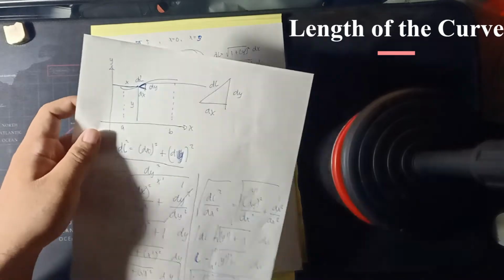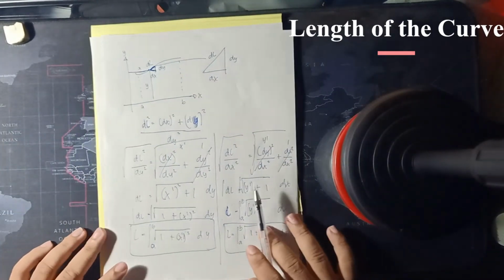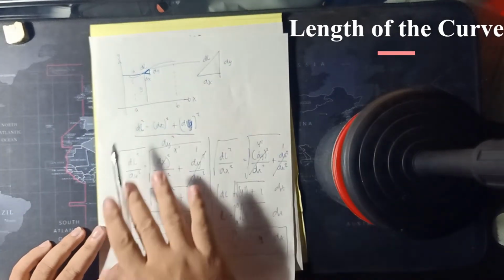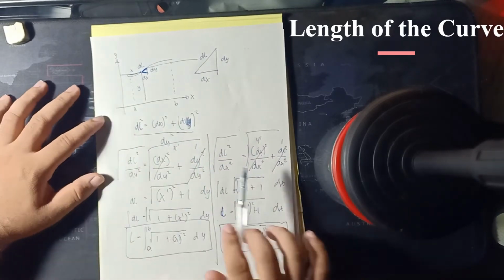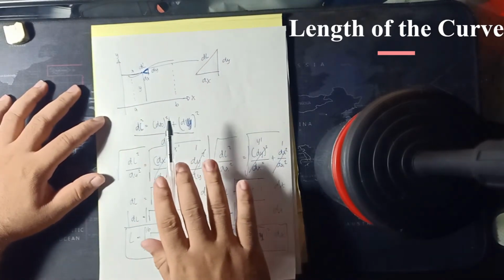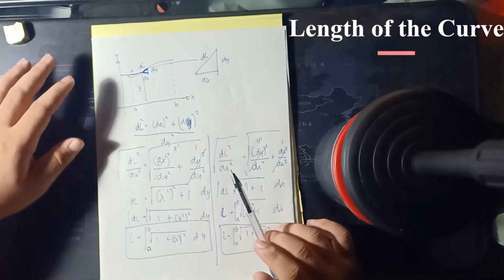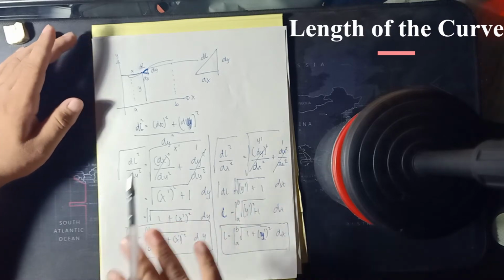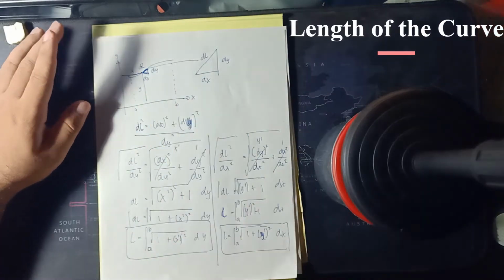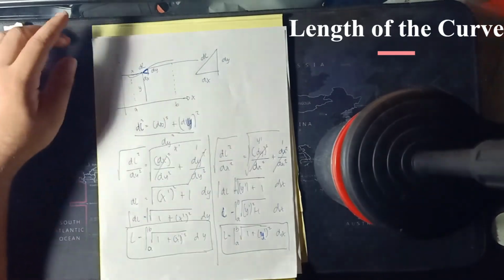First, don't forget how to formulate your formula, because from the length of the curve to the surface area to the centroids, in every topic we are going to use it.